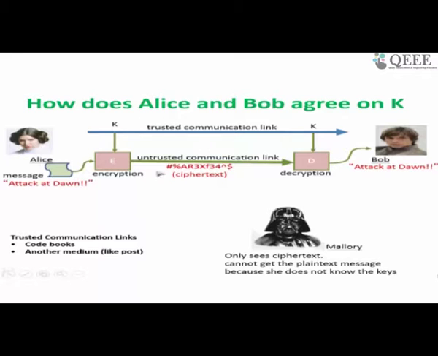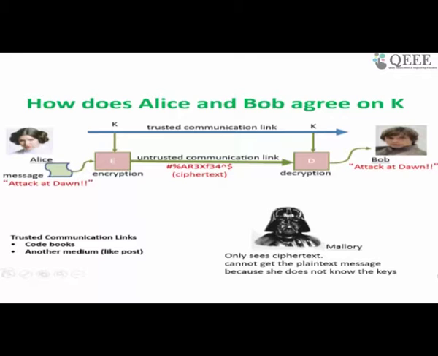Another technique that has been used is known as code books, where Alice and Bob previously would have decided upon a particular book which contains a lot of secret keys, and both of them have these books on their sides, and the assumption is that Mallory does not have this book.